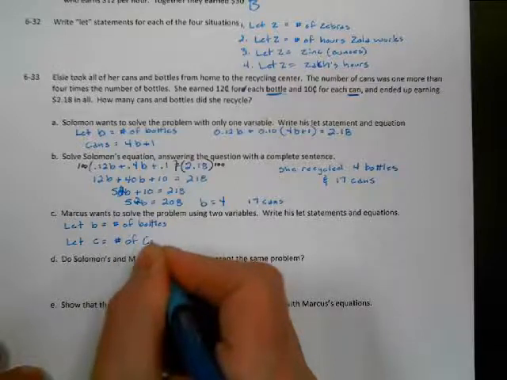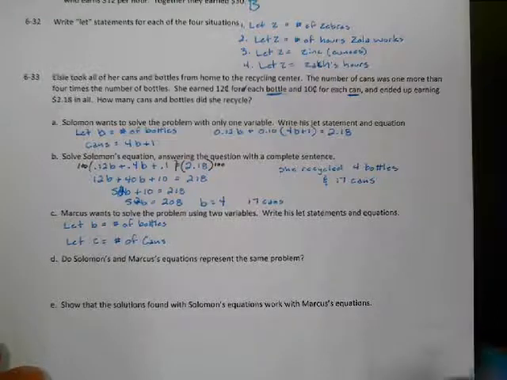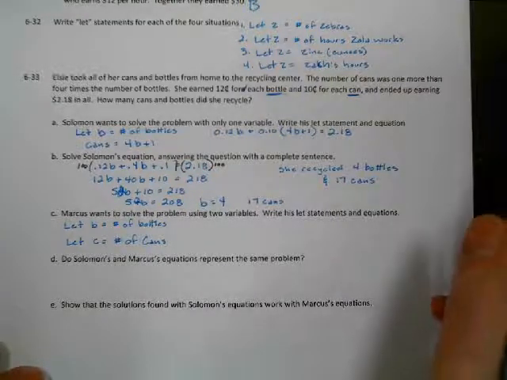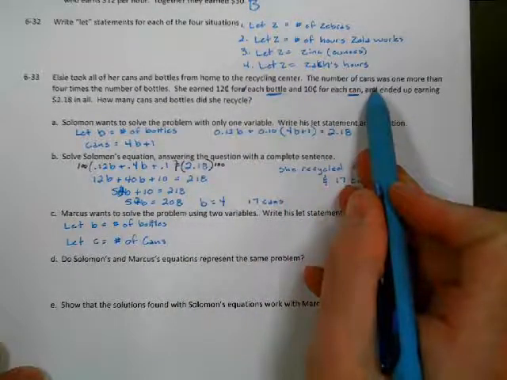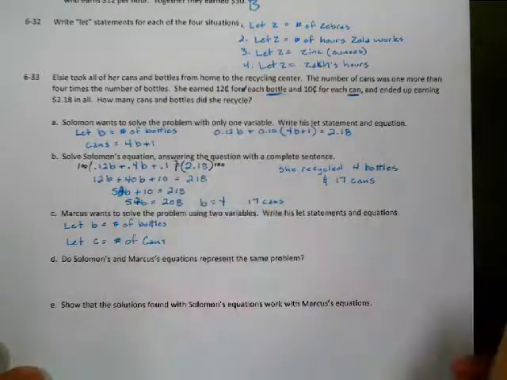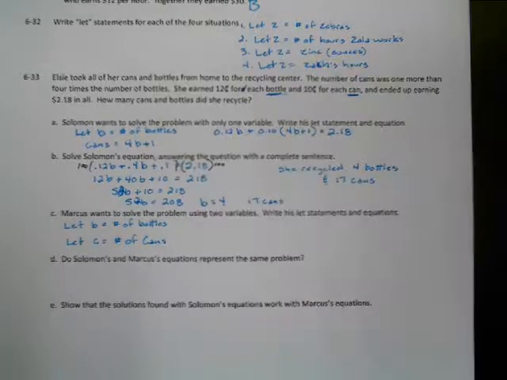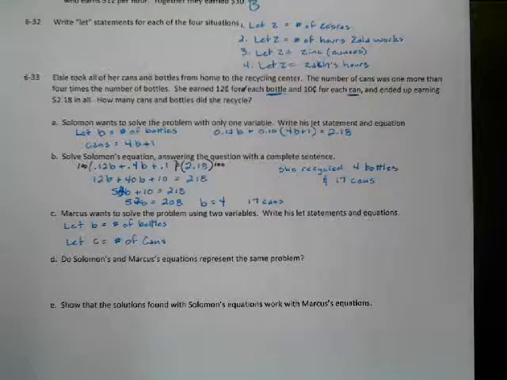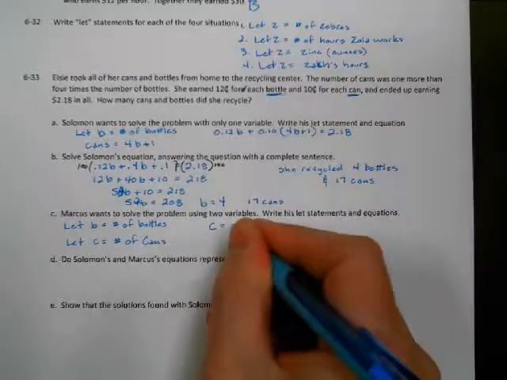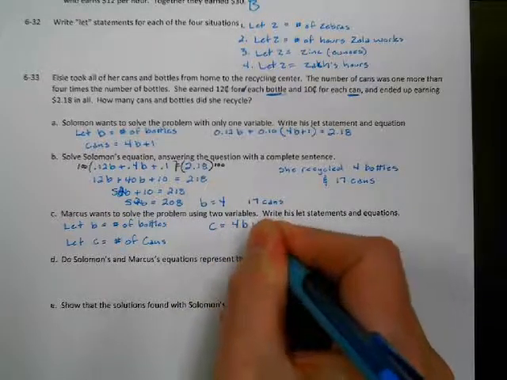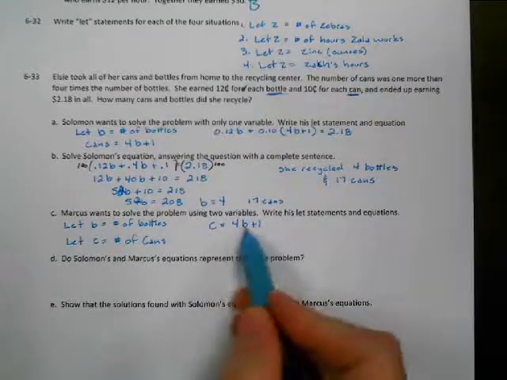And here's how we're going to write his equations. So he's going to have the equation that up here when it says the number of cans was 1 more than 4 times the number of bottles. So that means that the cans we can write as C equals 4B plus 1, because cans is 1 more than 4 times bottles. So there's our first equation.